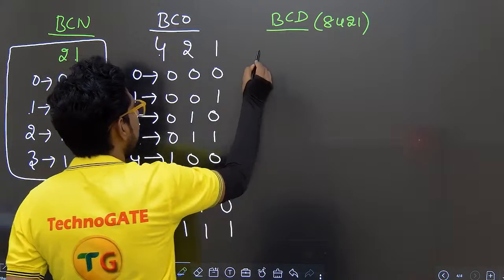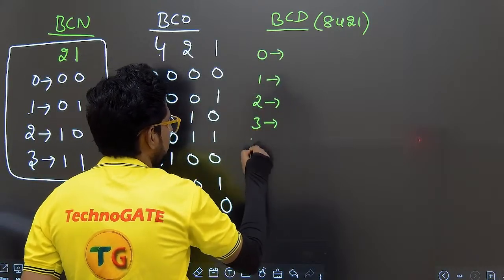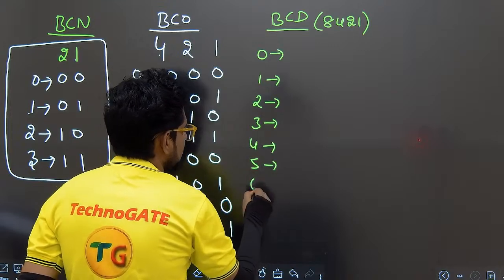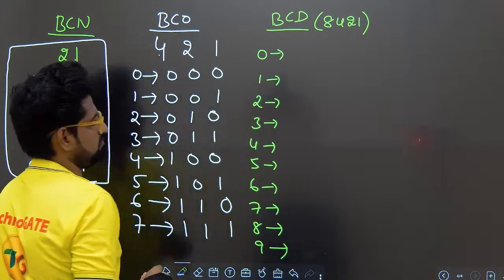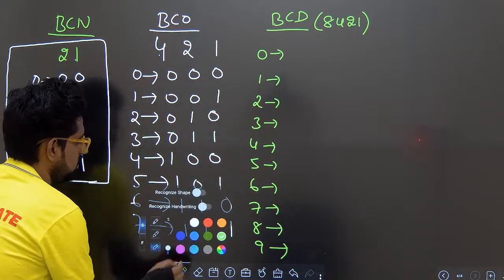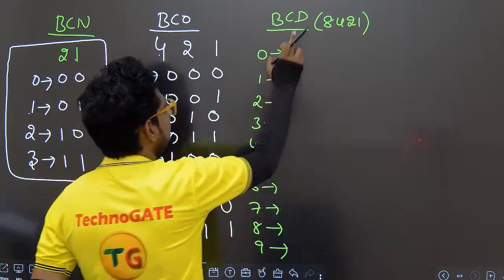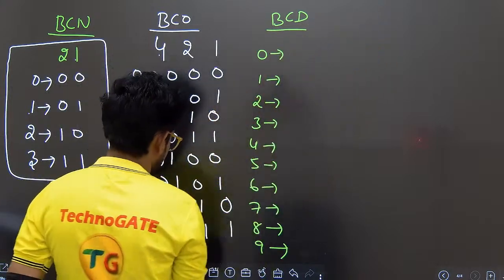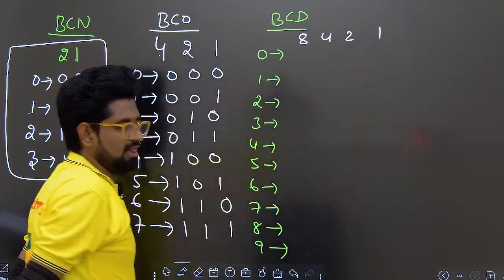So let me write 0 to 9 only here: 0, 1, 2, 3, 4, 5, 6, 7, 8 and finally 9. So let me fill this. How to fill this? Let's check here. 8421. Let me write here clearly so that I can understand which digit I have to fill.